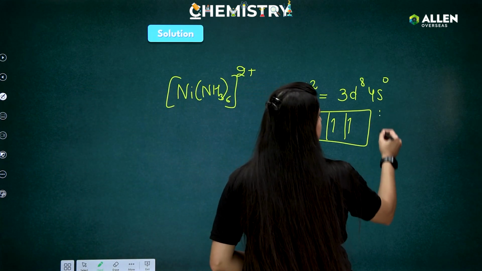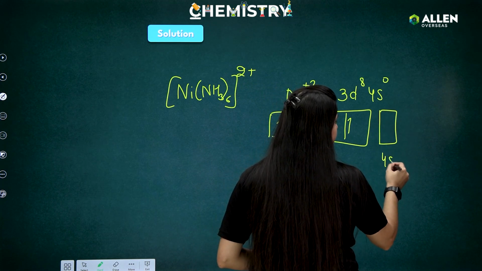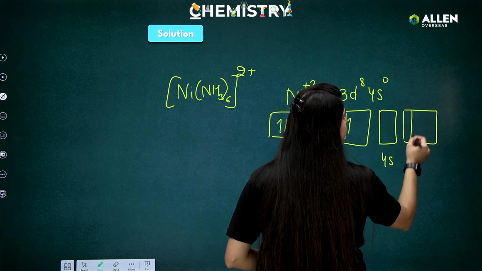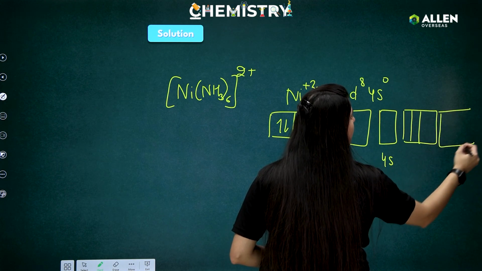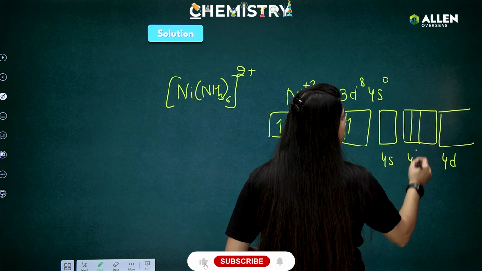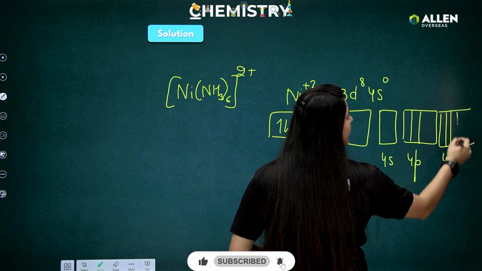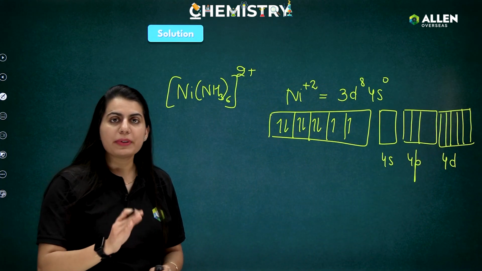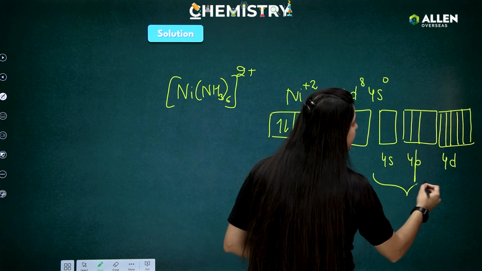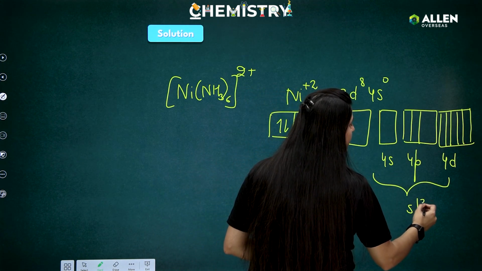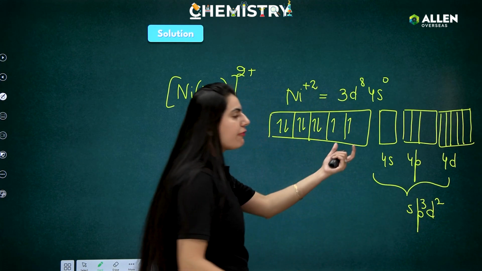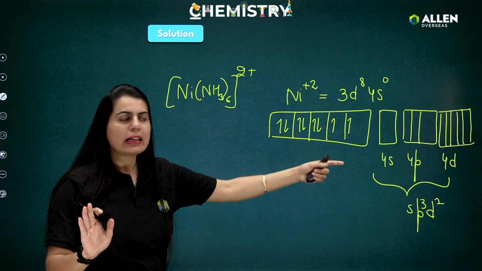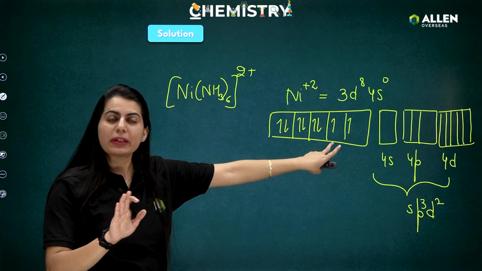So 4s, 4p and the remaining part of 4d will be involved to make your hybridization sp3d2. So we'll keep in mind, even if I pair here, I'm not going to get 2 inner d orbitals empty.